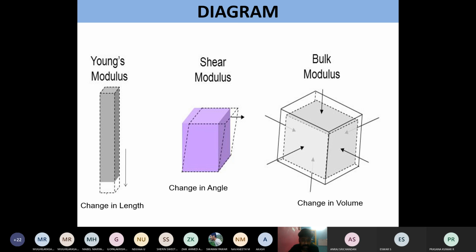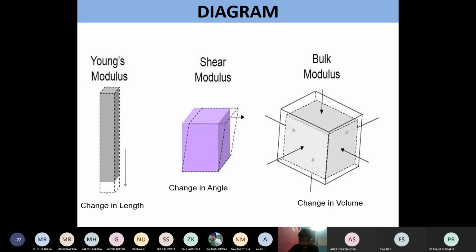The shear modulus. Here the object which we have shown, just a rectangle slab, seems to be a stationary one. For this modulus, I am applying the force on the surface. So we have to imagine that the bottom surface of this medium is fixed.